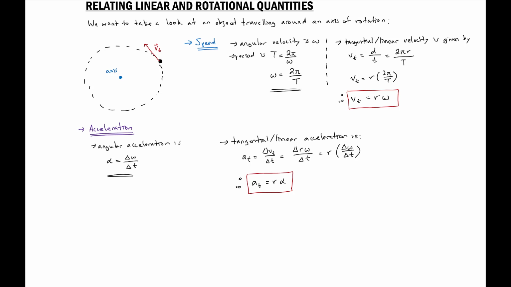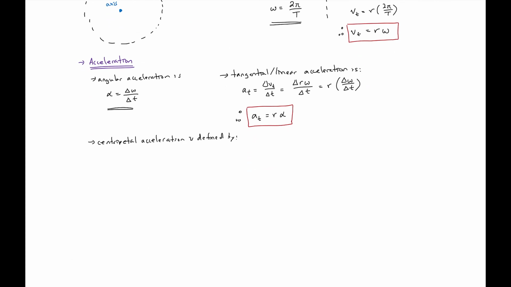But we also know that in the linear world there's going to be centripetal acceleration. So there's another one, centripetal acceleration defined by ACP is equal to v squared over r. So we know that v is equal to r omega, so we have r omega squared divided by r.